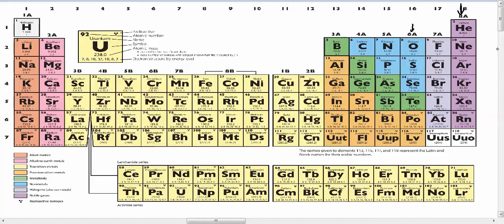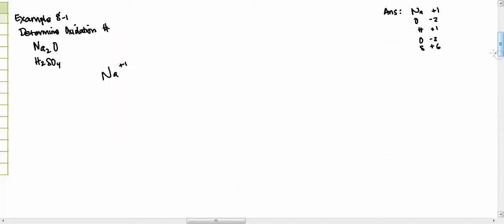So oxygen wants to gain 2 electrons. So the oxidation number of oxygen is -2, which kind of makes sense, because if you look at the Na2O, you're going to need 2 of these guys to balance out with the 1 of those oxygens.